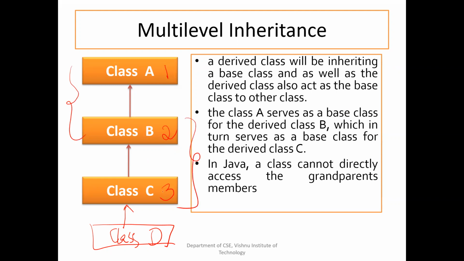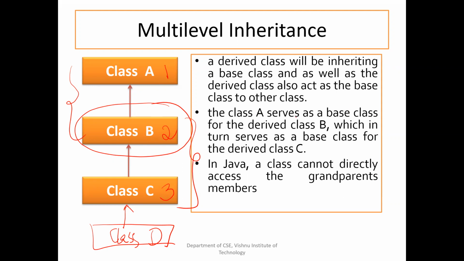B is the child of A, C is the child of B. A is the parent of B and B is the parent of C. A derived class will be inheriting a base class, and the derived class can also act as the base class to another class. This is the derived class which is acting as both parent and child.